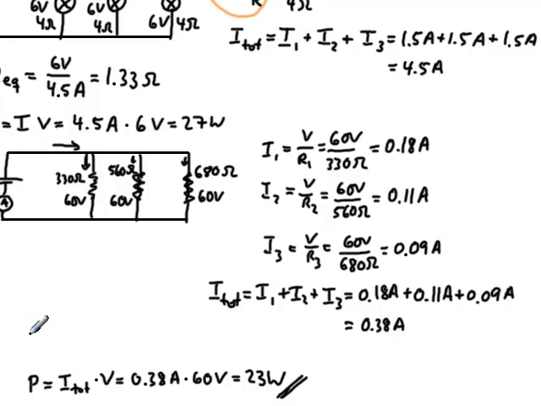As far as the total resistance is concerned, so the equivalent or total resistance, that's the voltage divided by the total current. So that is going to be 60 volts divided by 0.38 amps.